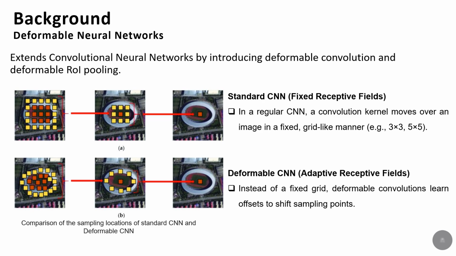So diagram below, that's diagram B. You see how the fields are adapted to the input shape or the object. So this sort of improves how the features are going to be extracted. It's going to capture more features as the sampling is done.